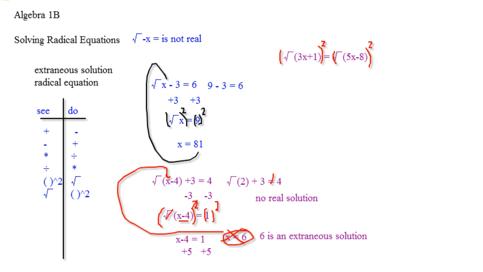Okay, all right, that's pretty simple. Now what happens when I square them? I'm just left with 3x plus 1 equals 5x minus 8. Okay. All right, and then what I'm going to do is I'm going to solve this. I'm going to minus the 3x from both sides.